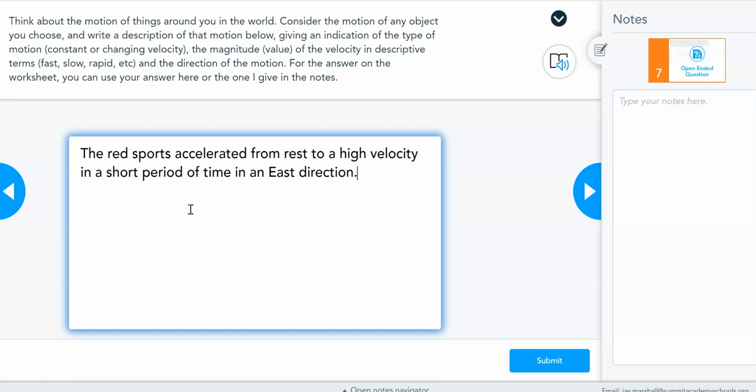Okay, not the best sentence in the world, but it covers the idea that the motion of this vehicle is changing and that it's going to have a high velocity and it's going east. So you can use that sentence.